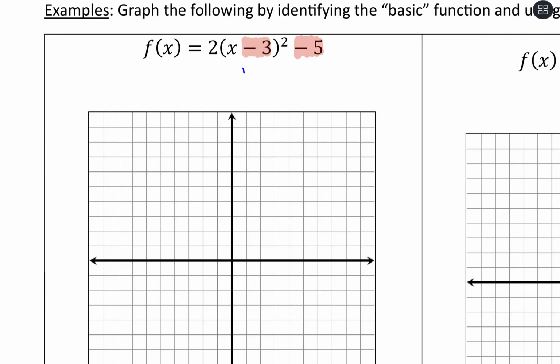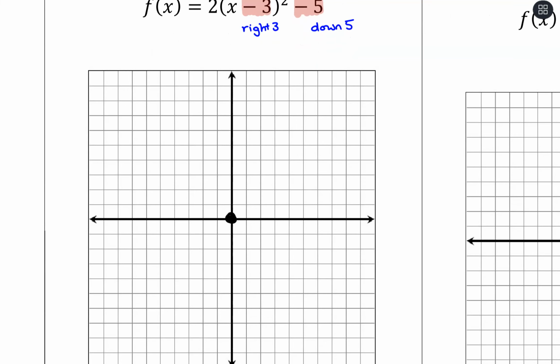This is telling me to go right 3 and down 5. So if our vertex for our parabola is usually at 0, 0, we're going to move that right 3, down 5. So our vertex will now be down here at positive 3, negative 5.